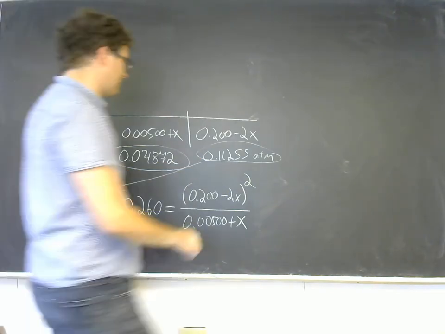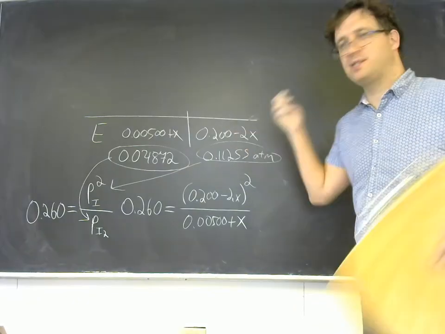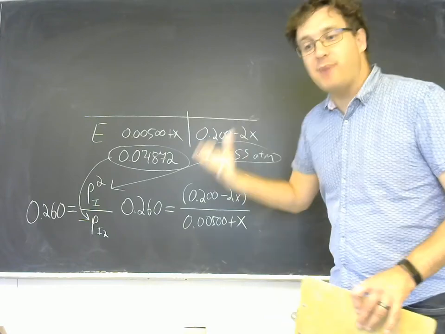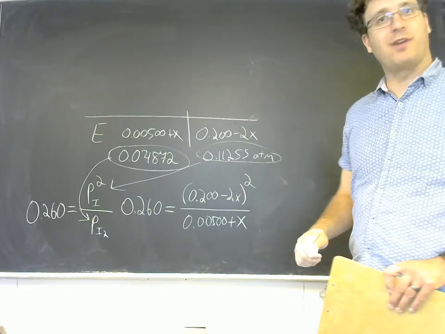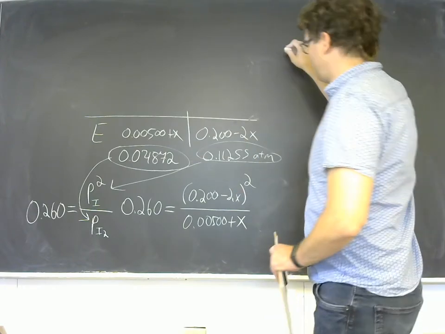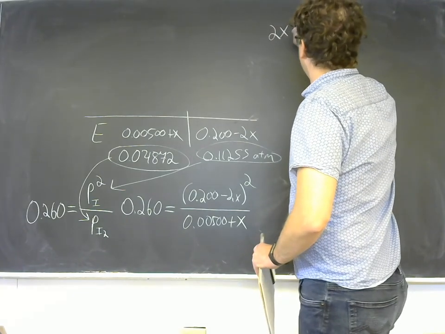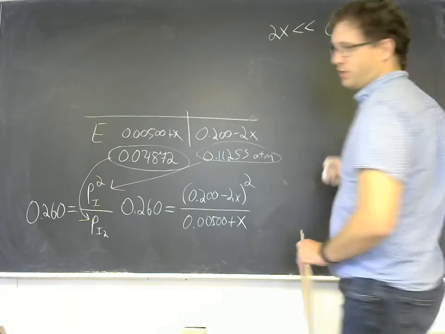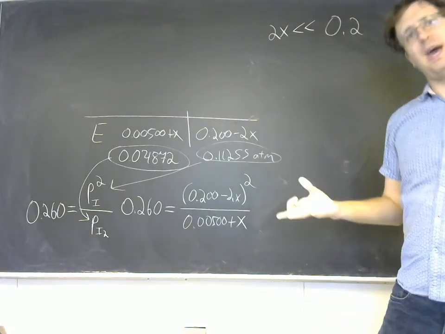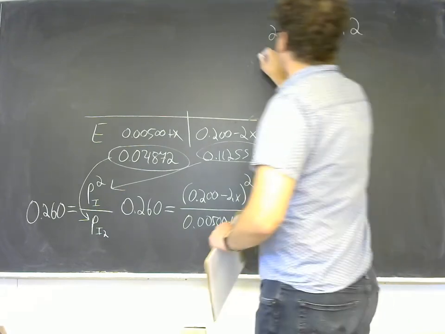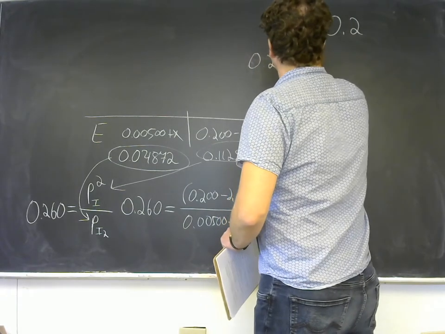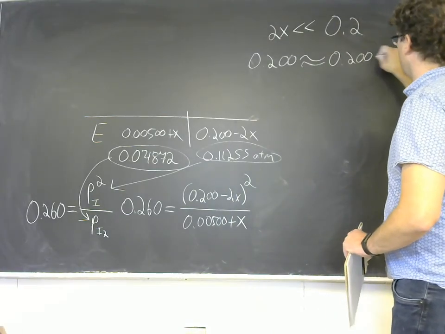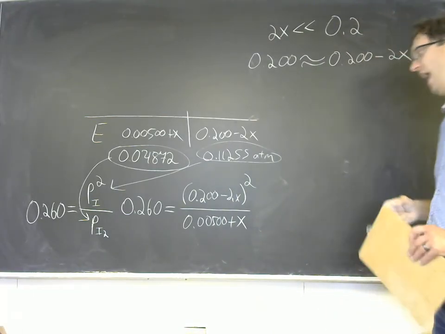What if I just say, hey, I'm a sloppy chemist. I suspect that the value of x is going to be very small. So what if I just say 2x is much less than 0.2? What's a mathematical consequence of that? Well, that 0.200 is going to be pretty close to 0.200 minus 2x.